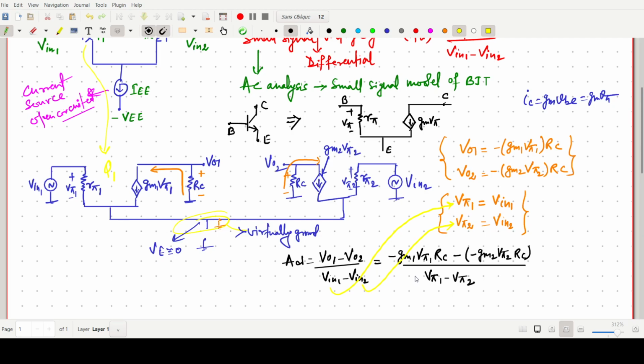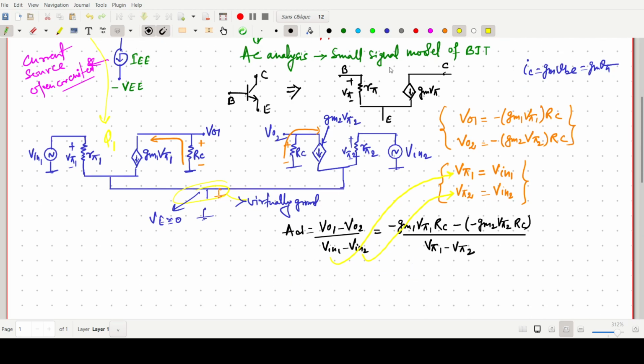Okay, so next, this AD, and one more important fact is that both transistors, say Q1 and Q2, are matched, having the same property, and use the same material. So we can say the transconductance term gm1, gm2 is simply our gm.